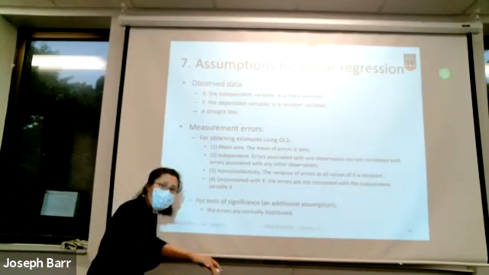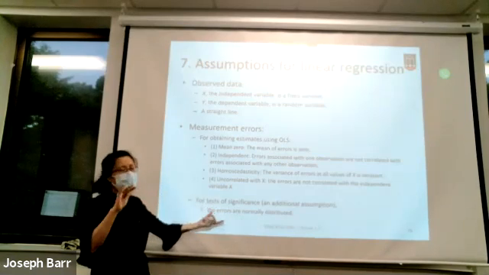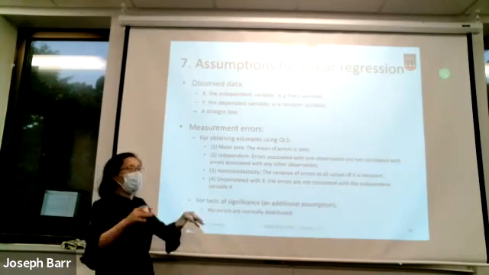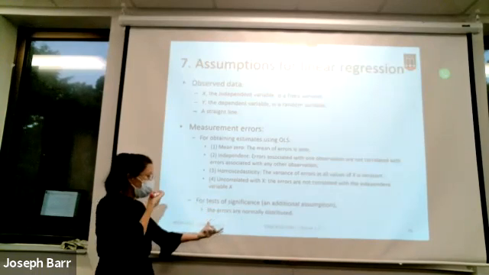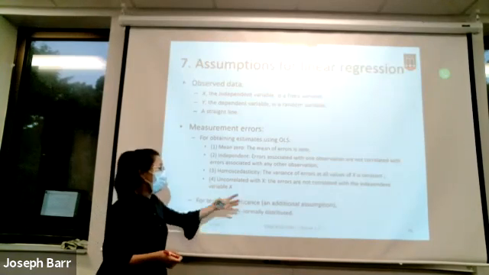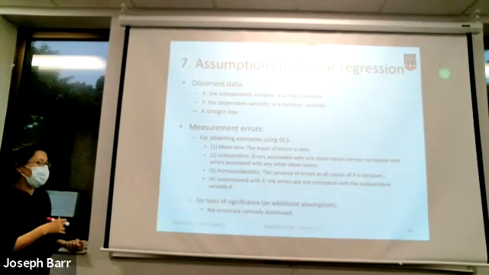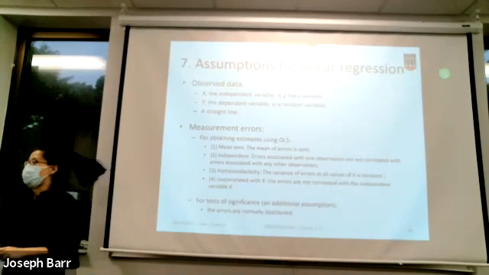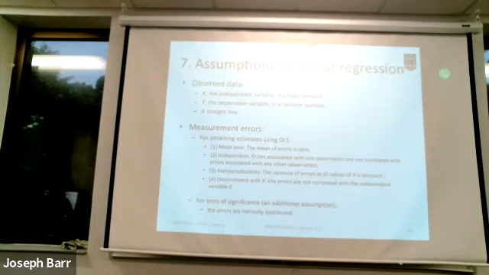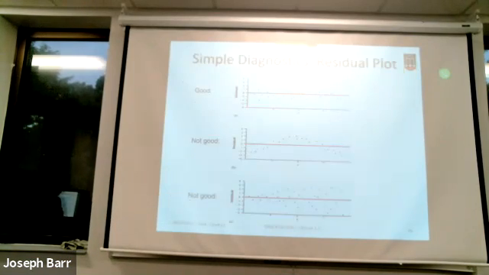We should put normal or another distribution. Normal is the most popular one, but you can also put another distribution. You can assume it's normally distributed or another type of distribution. So those are the assumptions for the linear model.